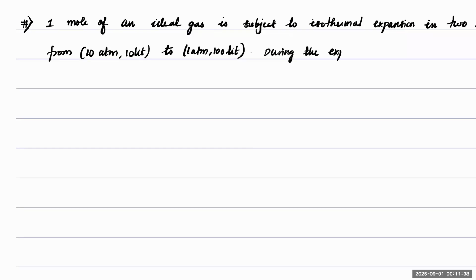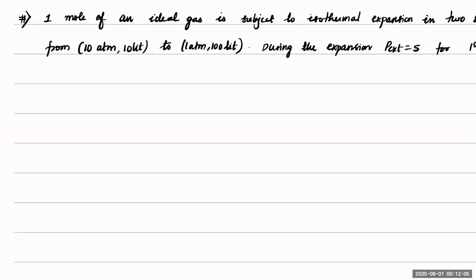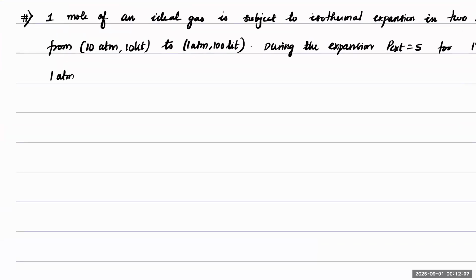During the expansion, P external is equal to 5 atm for the first step, and P external is equal to 1 atm for the second step.